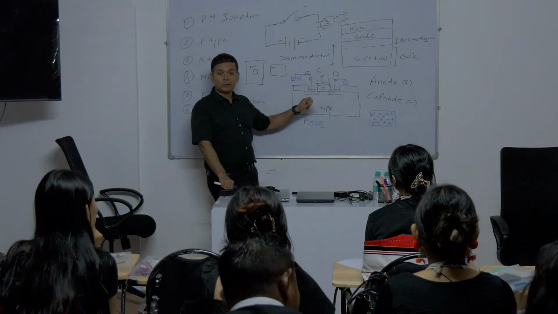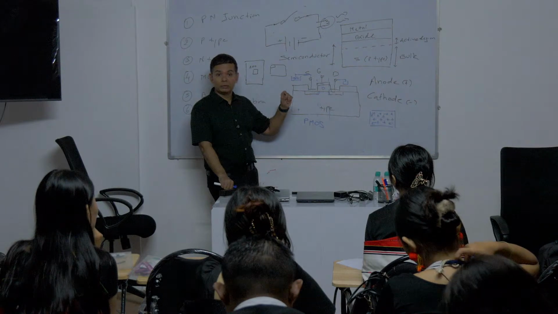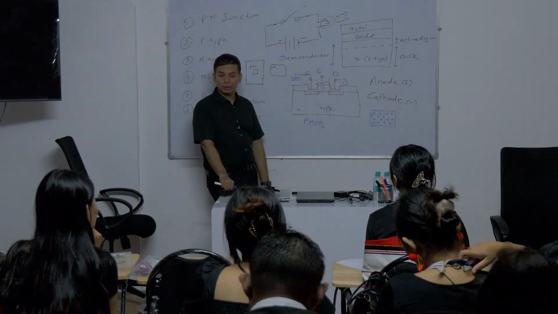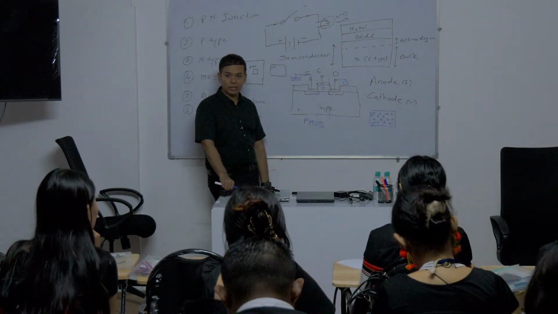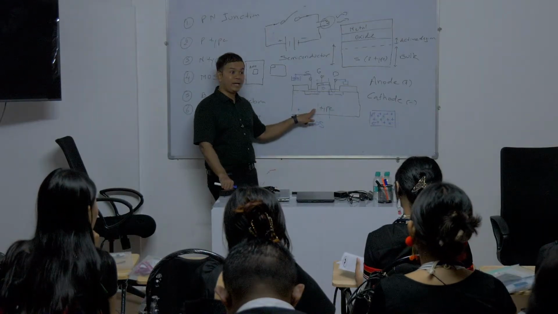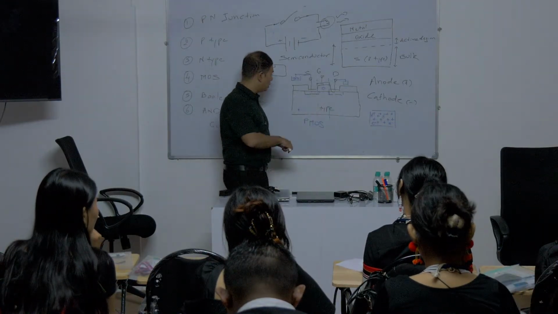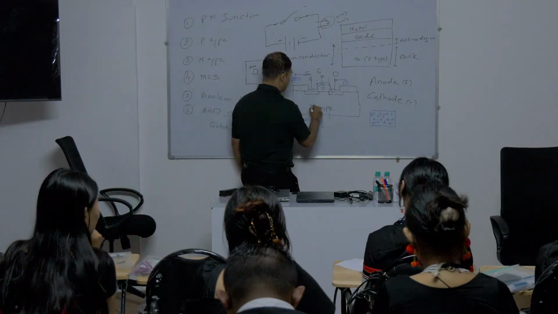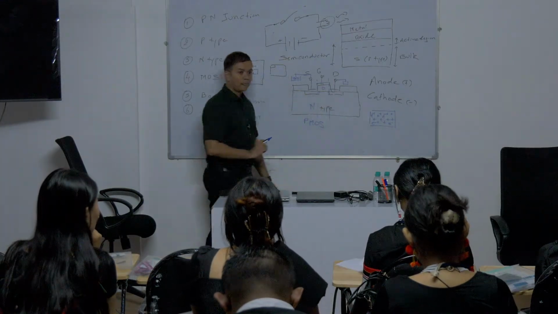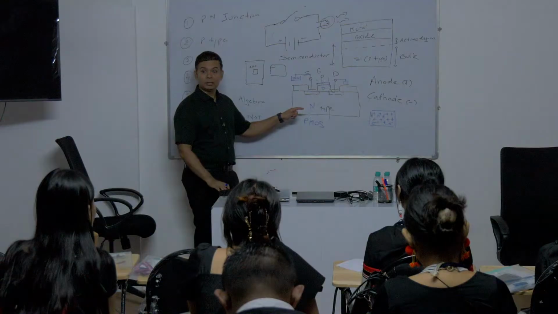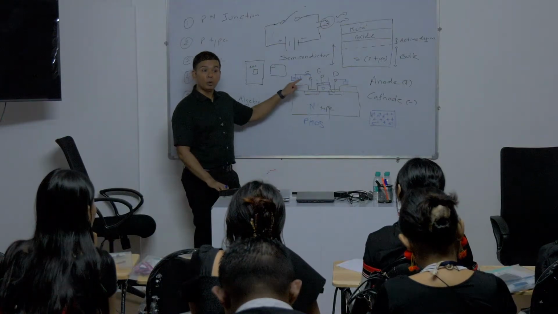So in which type of substrate do you have minority charge carriers which are holes? P-type or N-type? N-type, right? So when you have an N-type substrate, your majority charge carriers are electrons, and the minority charge carriers will be holes.